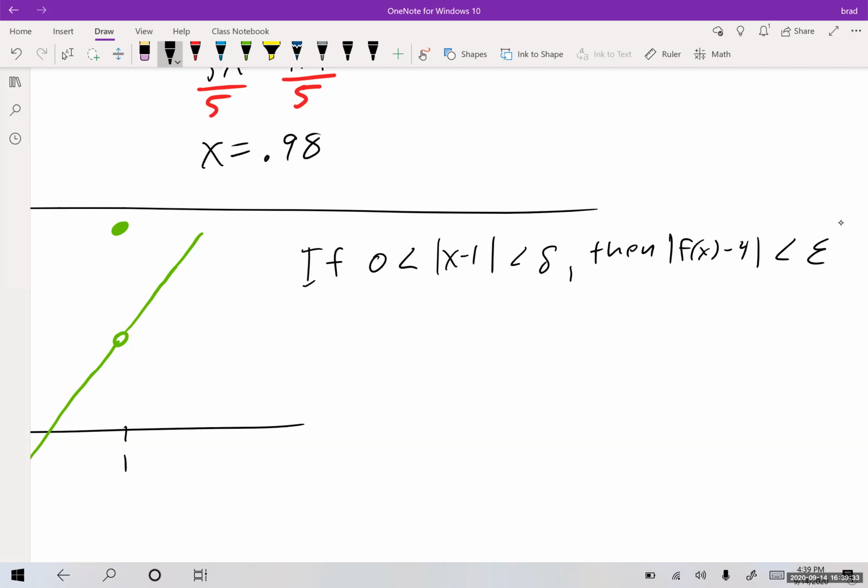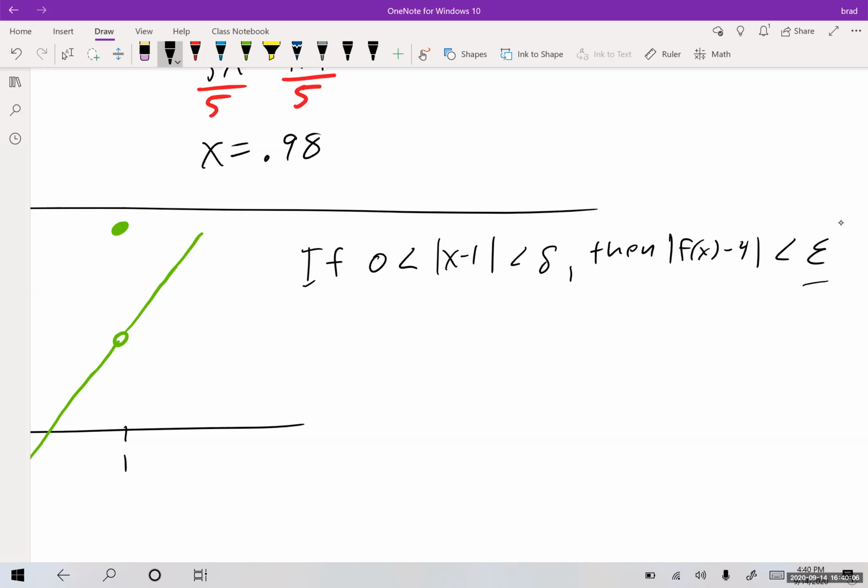If they could always get closer and closer to 4, but you could always find a new delta to get you closer and closer, well, then you're basically doing your job. You're showing them that no matter what they pick, you can always pick a delta to get you there. And that's what the formal definition of a limit is talking about: no matter how close they want to get, you can get them there. And we'll expand on that a little bit more in a second.